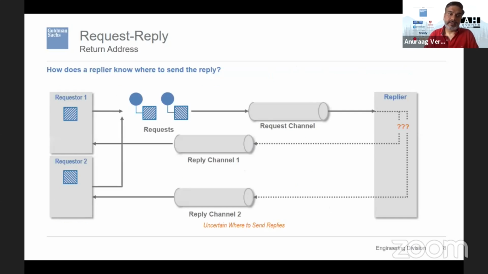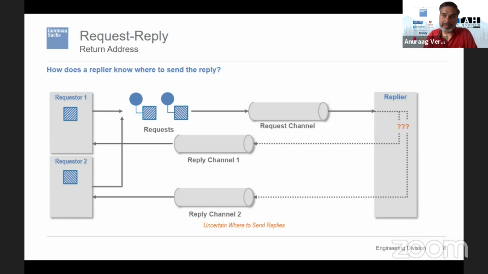Right? So this becomes a little more interesting when you have multiple requesters talking to different systems. So there are multiple requesters which are interacting with the replier. How does the replier know which reply has to be sent to which requester? One of the techniques that people use is that they will embed that logic in the replier itself.